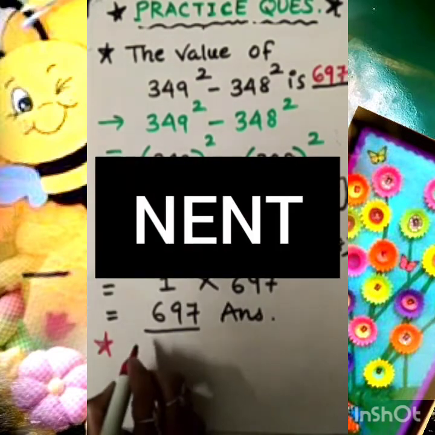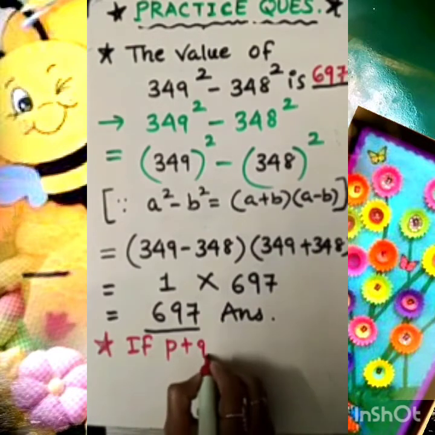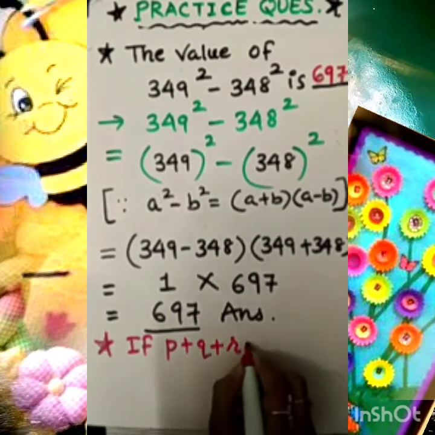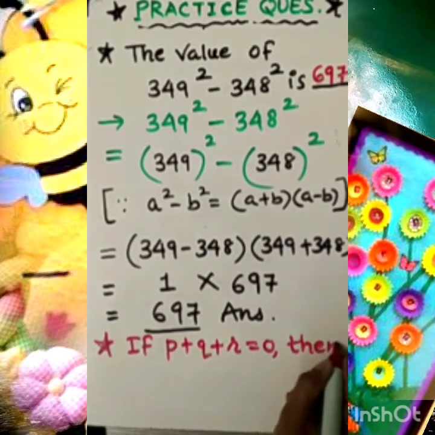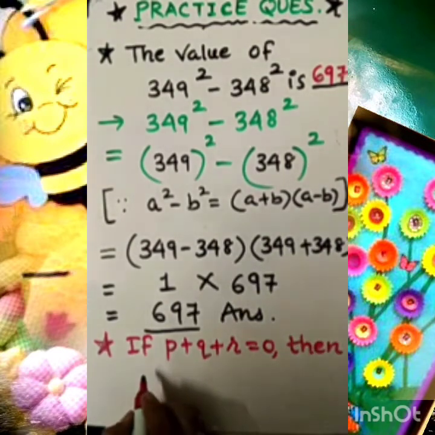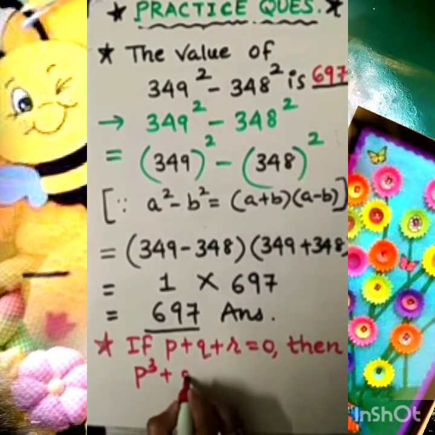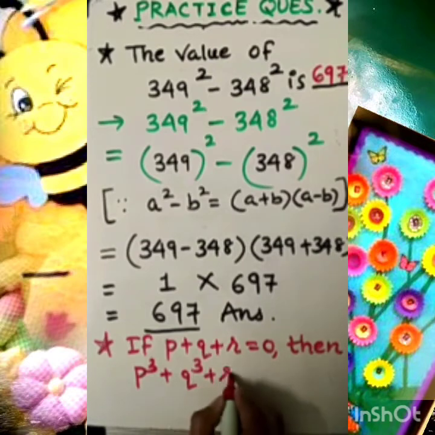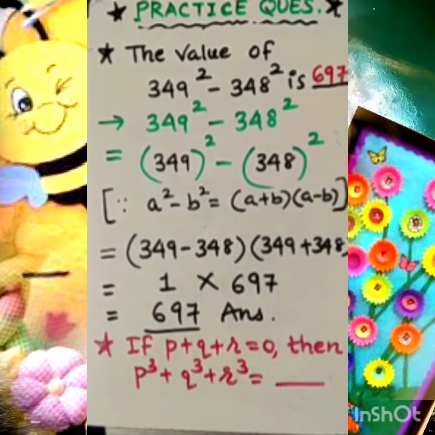The question is, please note down, if p plus q plus r equal to 0, then p cube plus q cube plus r cube. This is again a solution which we have seen in exercise 2.5, questions 11 to 15.